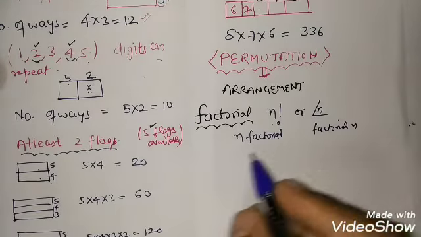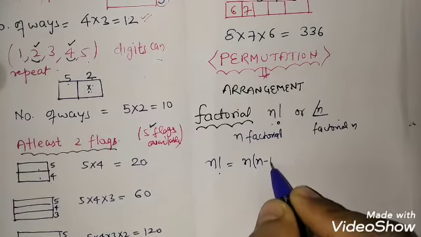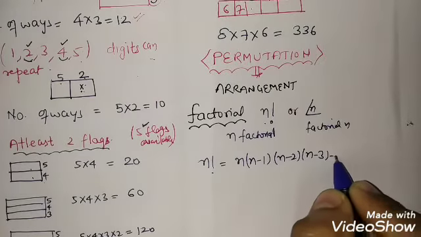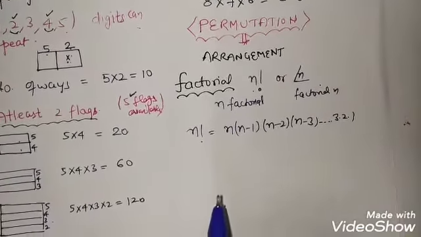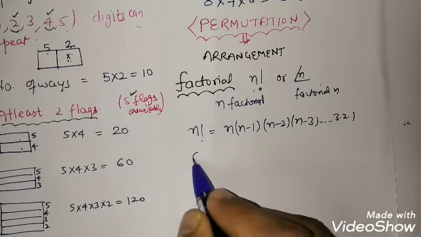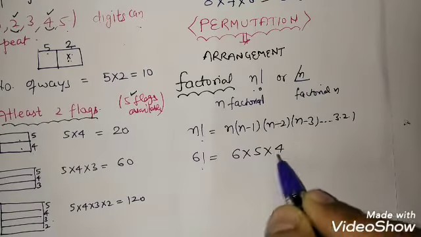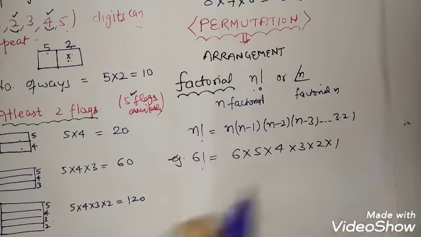Okay. What it means is n factorial means to say n into n minus 1 into n minus 2 into n minus 3 ... 3 to 1. Till when? 3 to 1. See, if I am calculating 6 factorial, then it is 6 into 5 into 4 into 3 into 2 into 1.